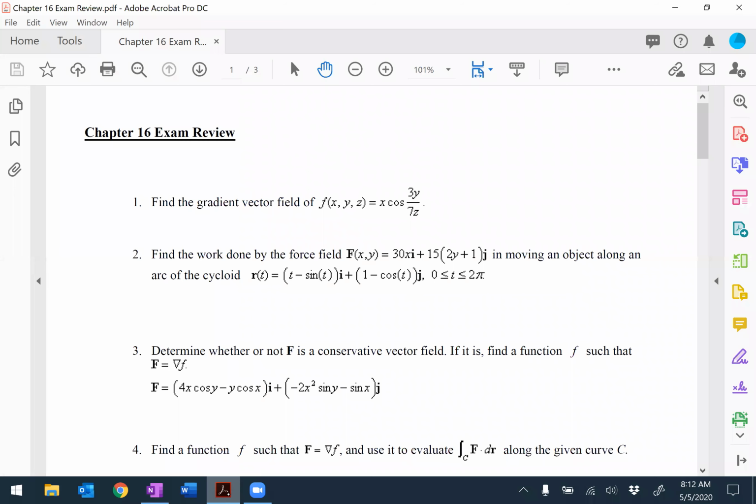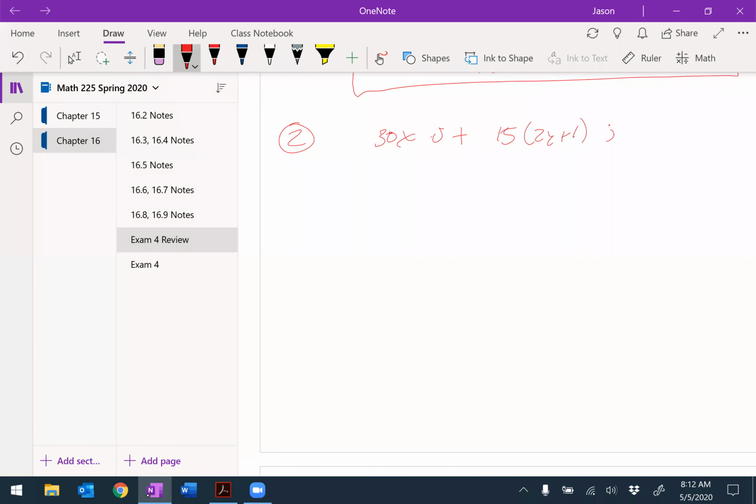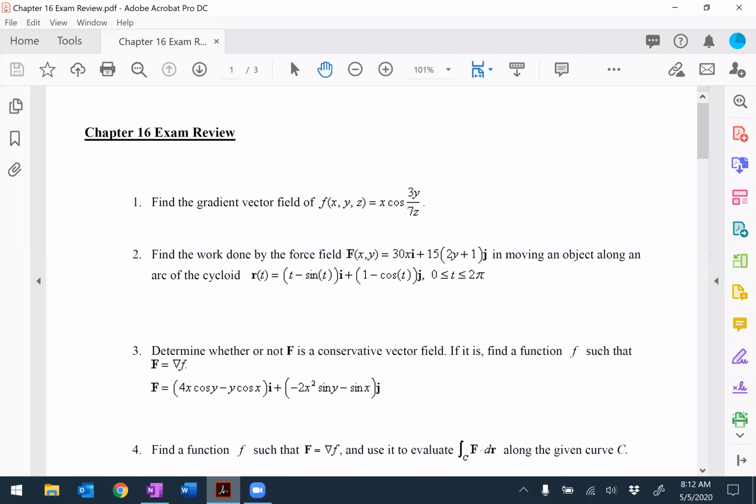Yeah, 15 times 2y plus 1 j. So that's the force field, subject to this path r of t. This is kind of the line that we're going to be following. Okay, the trajectory r of t.